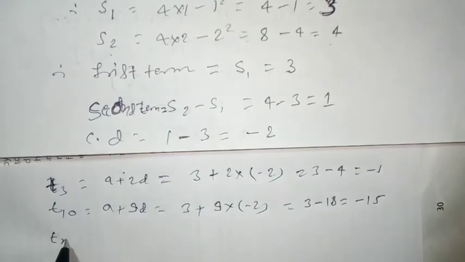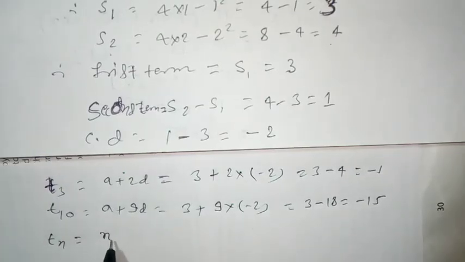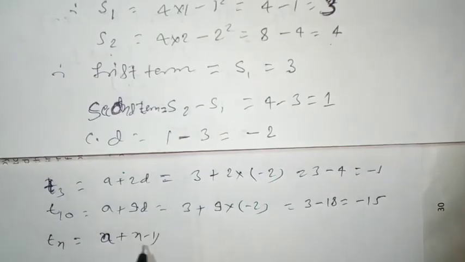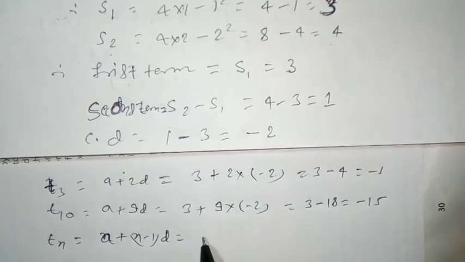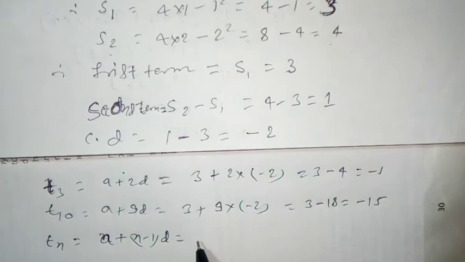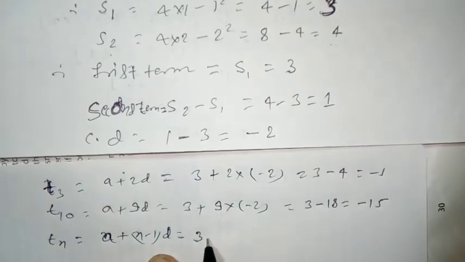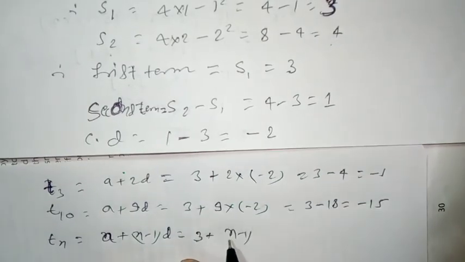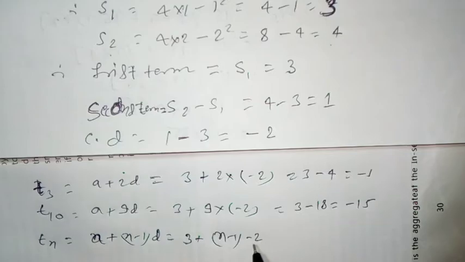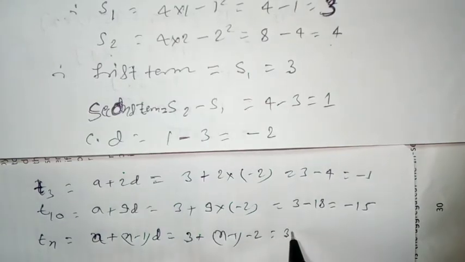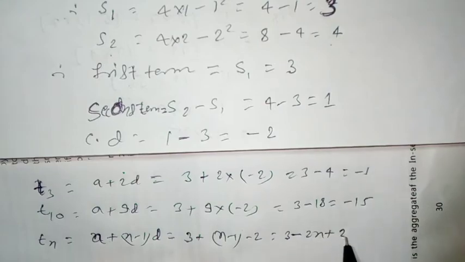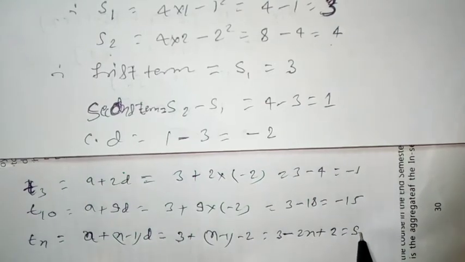Tn, nth term, is equal to a plus n minus 1 into d is equal to 3 plus n minus 1 into minus 2 is equal to 3 minus 2n plus 2 is equal to 5 minus 2n.